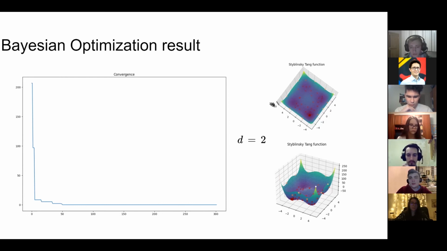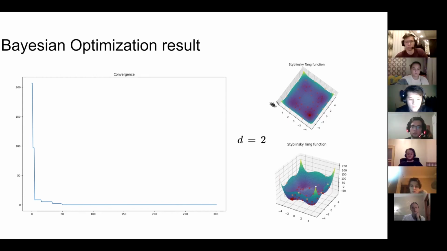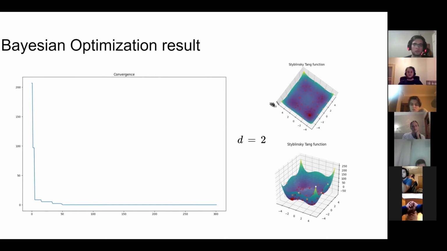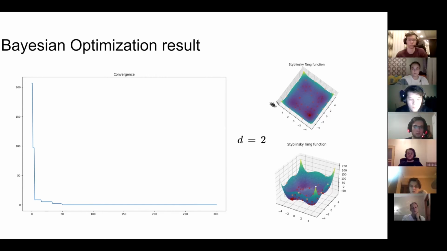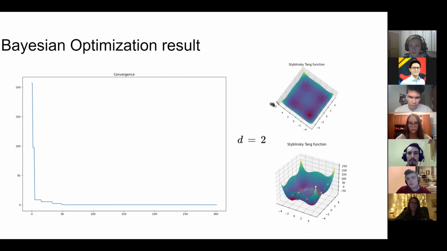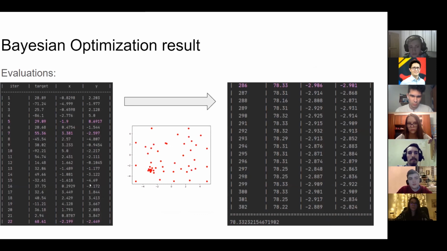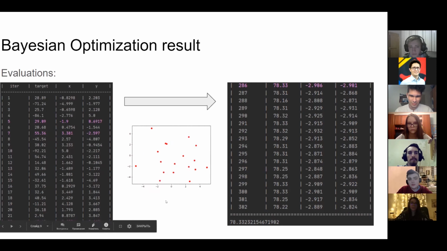And on the right, we can see the Styblinski-Tang function visualization with the minimum. The global minimum is visible in the picture. So there are computations. Here you can see the evaluations.